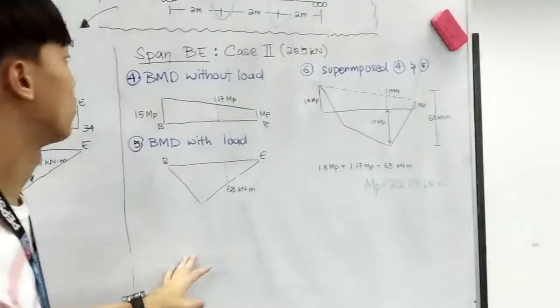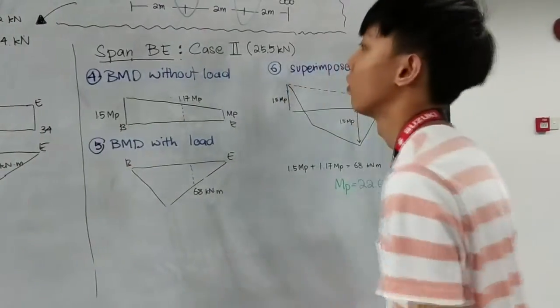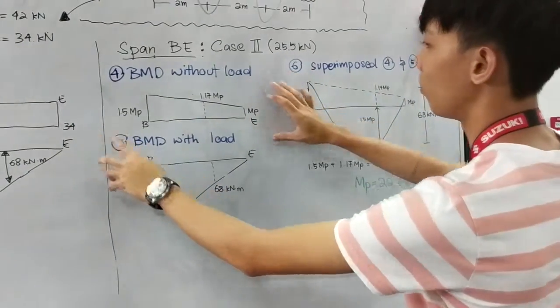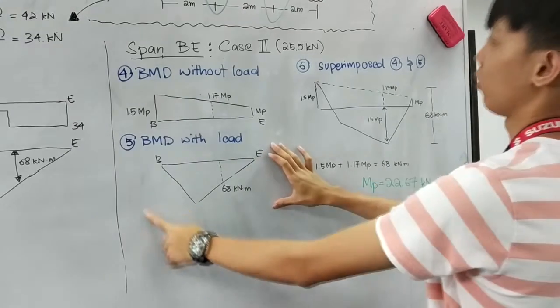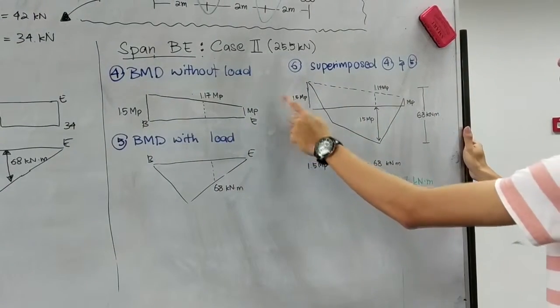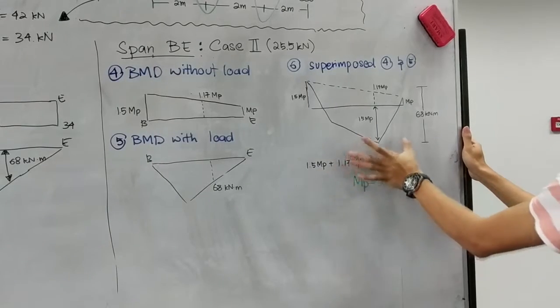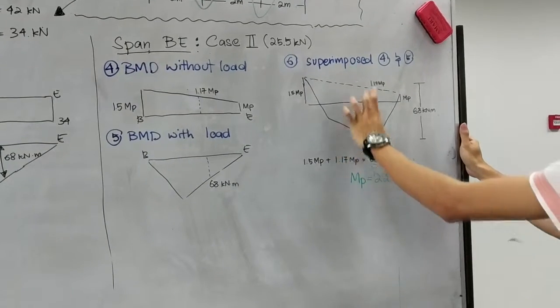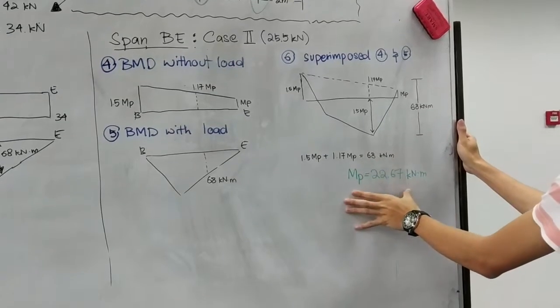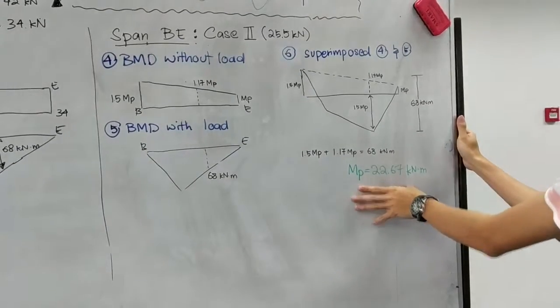For case 2, same step, BMD without load, you have to draw it. Then BMD with load. Then you superimpose the BMD from step 4 and step 5, you will get this. By summing all this, you will get MP is equal to 22.67.